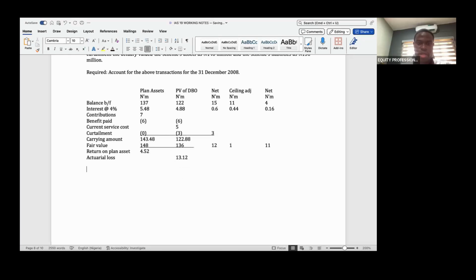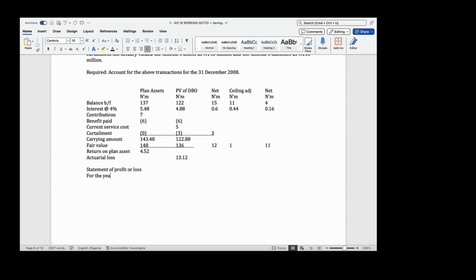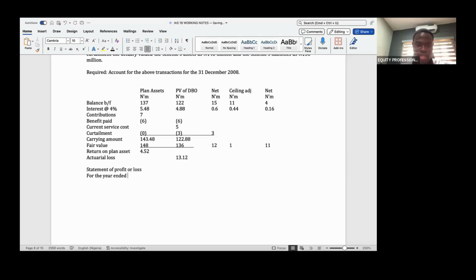So if I want to prepare my statement of profit or loss for the year ended 31st December 2008, I will have my net interest income of how much?